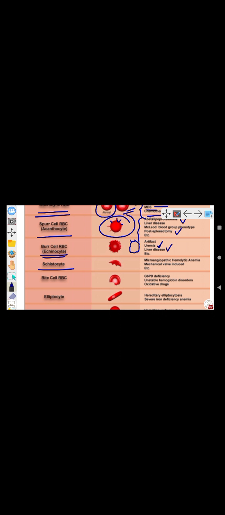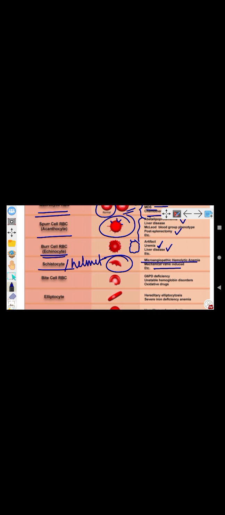Then cystocyte is also known as helmet cells. See, this looks like a helmet or bitten appearance. This is seen in microangiopathic hemolytic anemia and in mechanical valve, but also seen in other conditions, as I mentioned earlier.